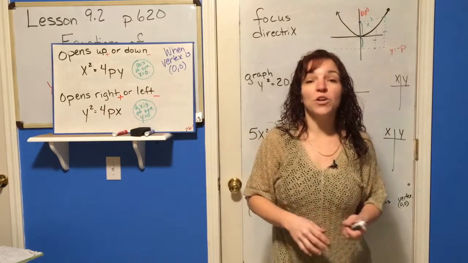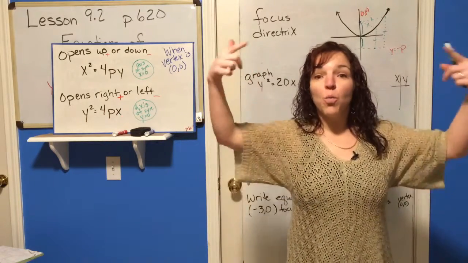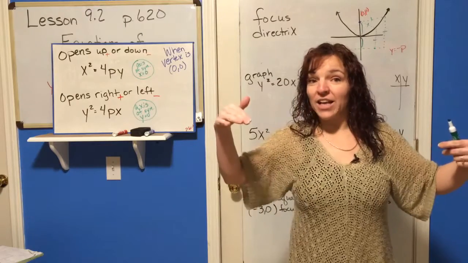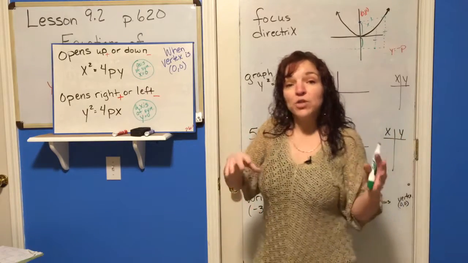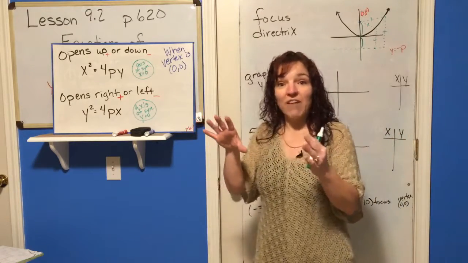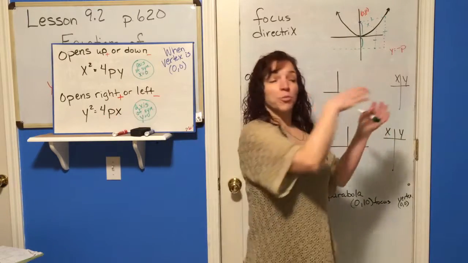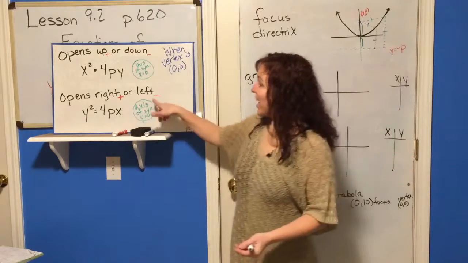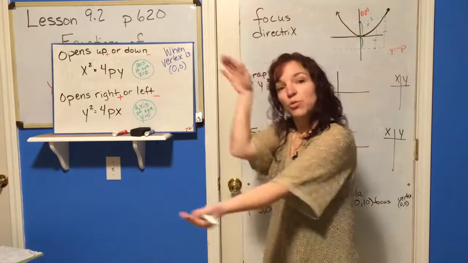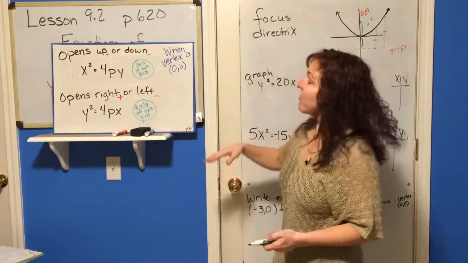If you've got a y squared, that means that you've got two y values for each x, which means that your parabola is going to open either to the right or to the left. And once again, if p is positive, then your parabola is going to open to the right. If your p is negative, then your parabola is going to open to the left.